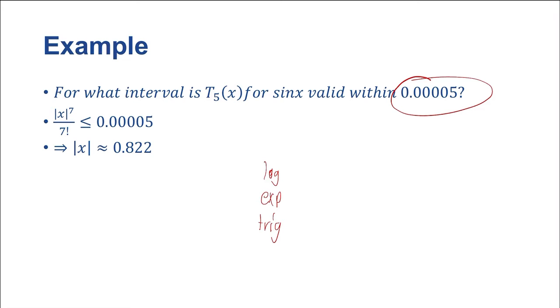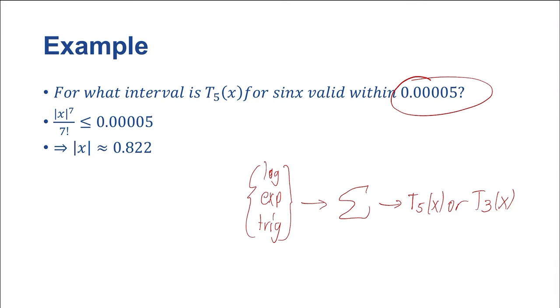And the idea is, instead of using these, you are going to put them in terms of series, usually maybe a 5th order or 3rd order polynomial of a Taylor series. The reason you do that is because these are usually super ugly, and you are going to want to differentiate them, or you're going to want to integrate them. And it's going to be a lot easier when you have these polynomials as opposed to your elementary functions.